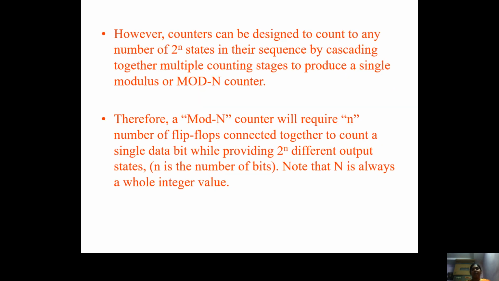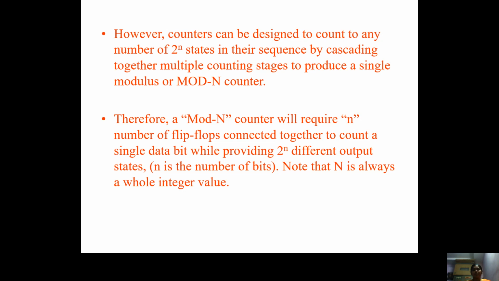Counters can be designed to count any number of 2 power n states in the sequence by cascading together multiple counting stages to produce a single modulus or mod n counter. As I said earlier, it is possible to design a counter which is capable of counting only the number of values required by the system.